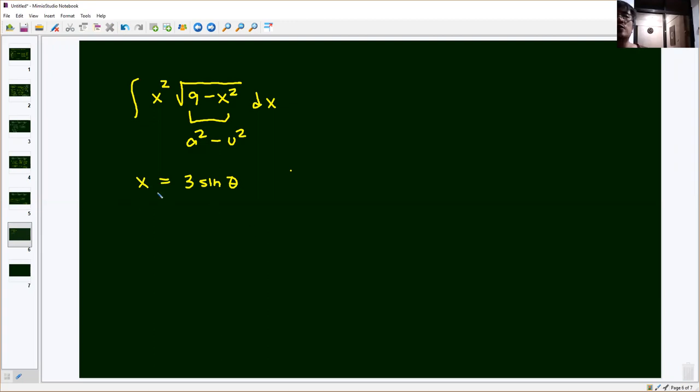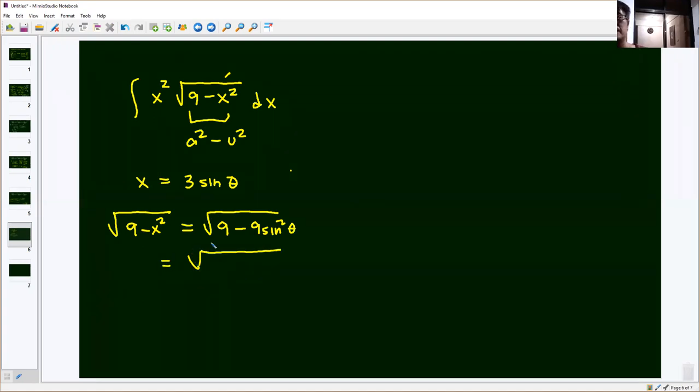So, mangyayari, kung pwede mag-scratch kayo or what, in substituting, square root of 9 is 3 outside, 1 minus sine squared.